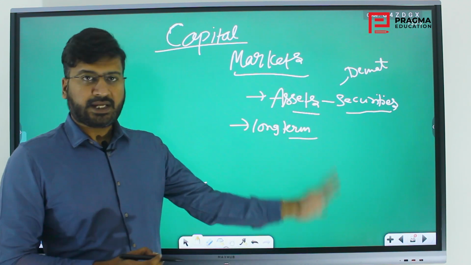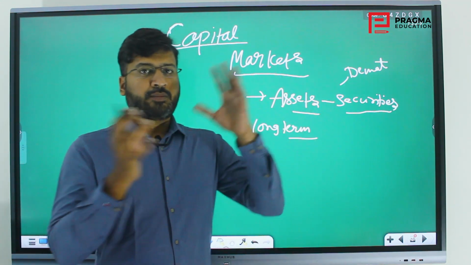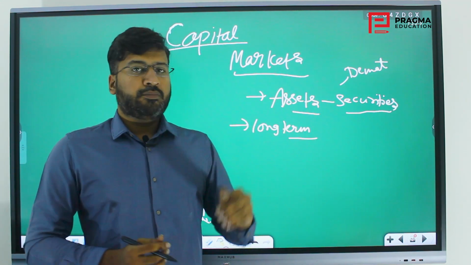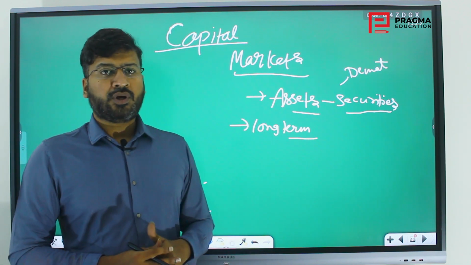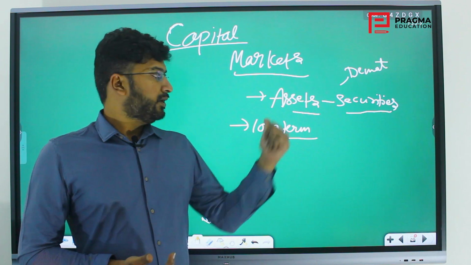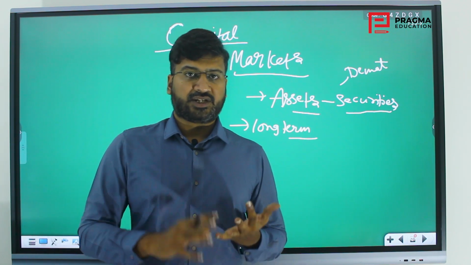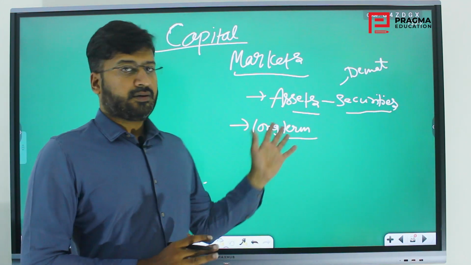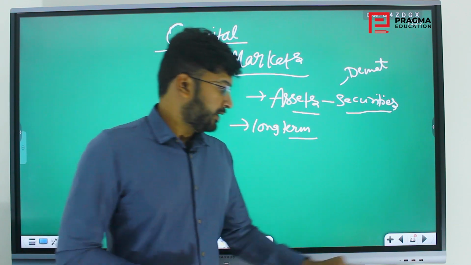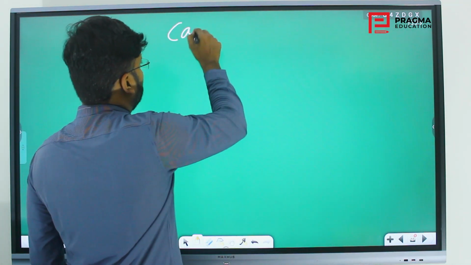So it is something that is long term, where huge money is being swung into markets, and in between, short term liquidity crunches will be handled through money market instruments, while capital markets are for long term creation of assets, creation of further capital, getting profits. That is the capital markets. What are capital markets and what are the two types of capital markets? We will have a look.